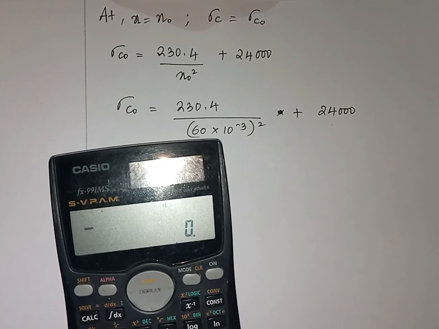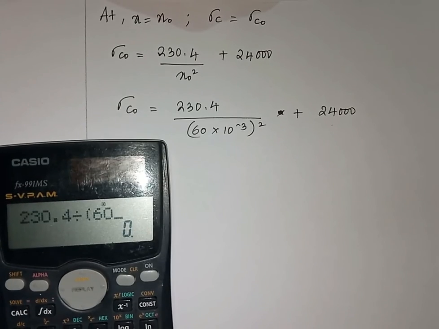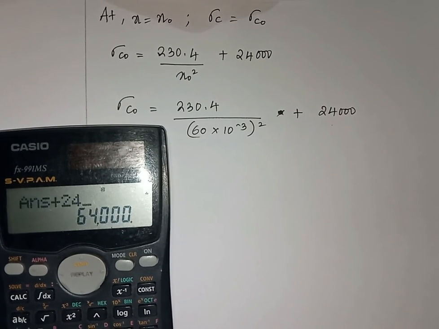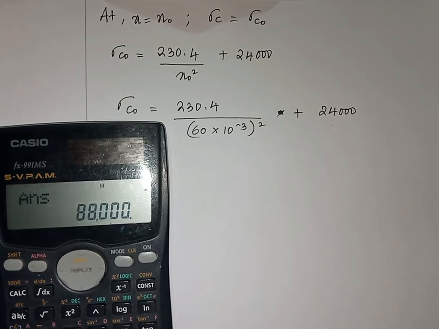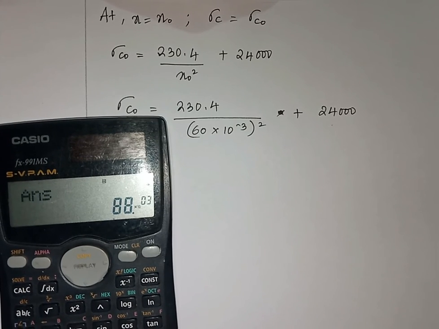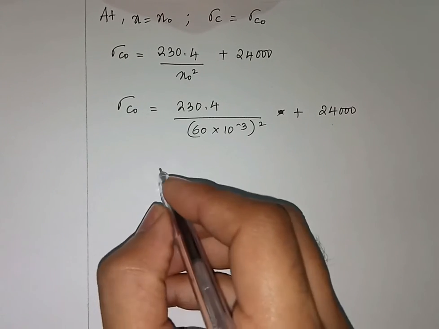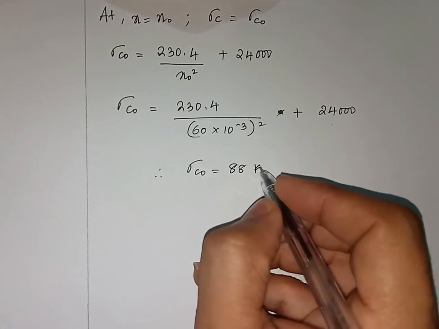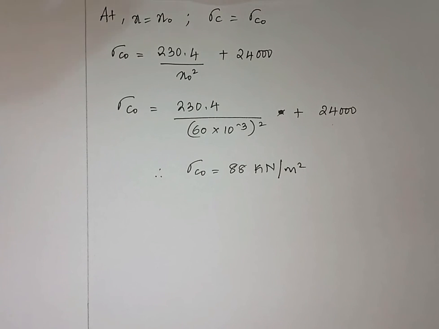So it is 230.4 divided by 60 into 10 raised to minus 3 square plus 24,000. So it is 88 into 10 raised to 3, that is 88 kilonewton per meter square. Therefore, the value of sigma C naught is 88 kilonewton per meter square.